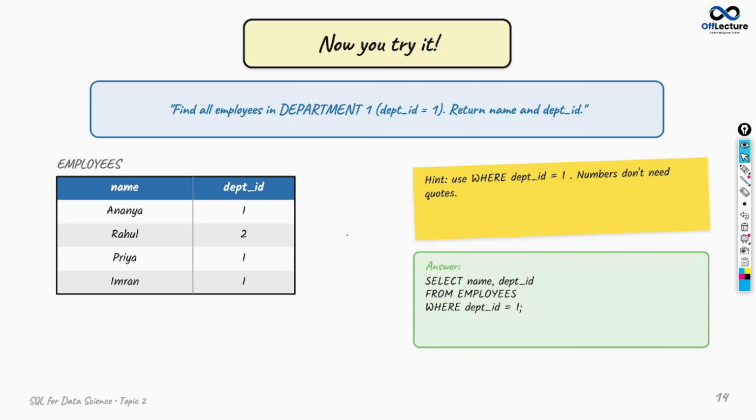So the answer is pretty simple. We will write select name comma department id because we want to return name and department id from employees where department id is equals to 1.